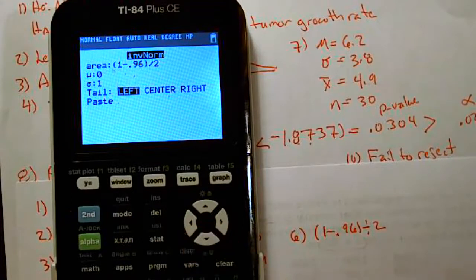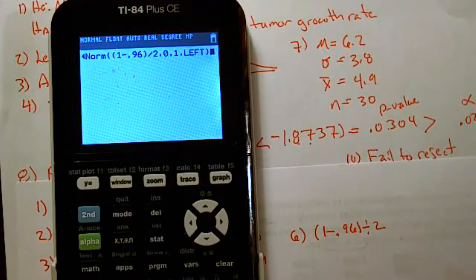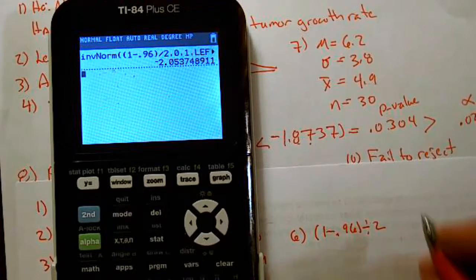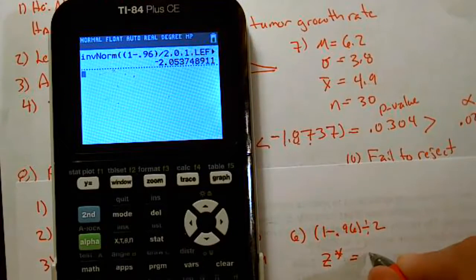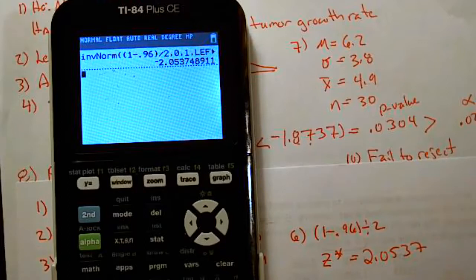Mean is 0, standard deviation of 1. And we end up getting a Z star equal to 2.0537. So Z star equals 2.0537. Always make it positive, please.